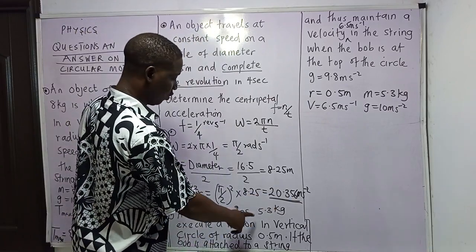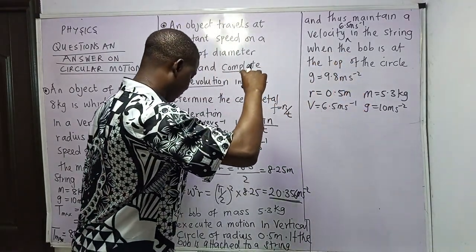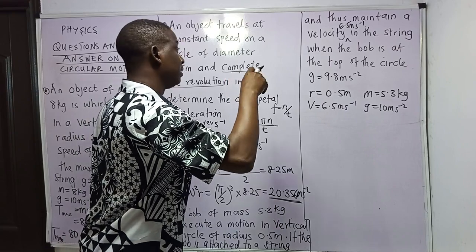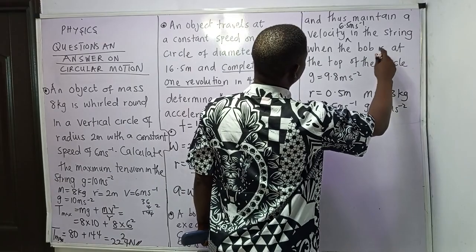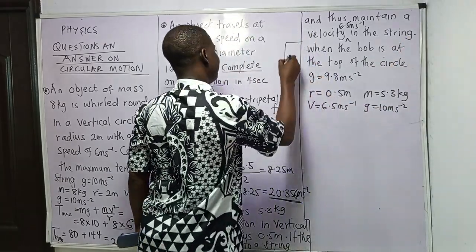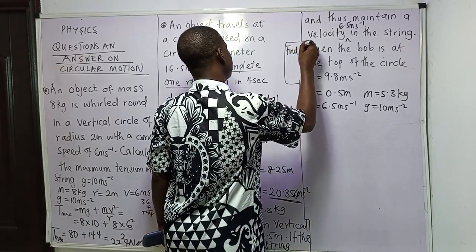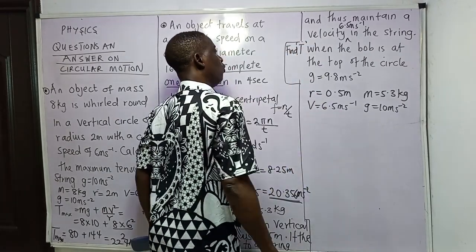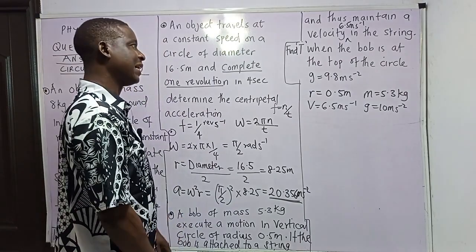Now they have given us everything. They say find the tension T when the bulb is at the top of the circle. So that is the right question now.